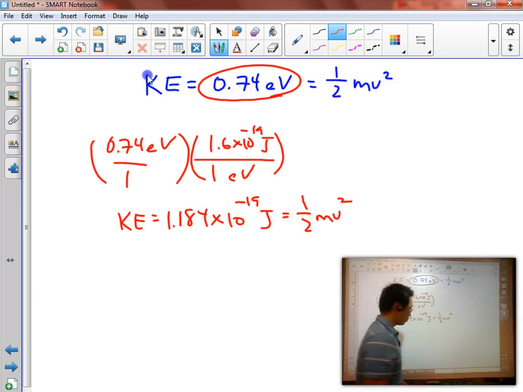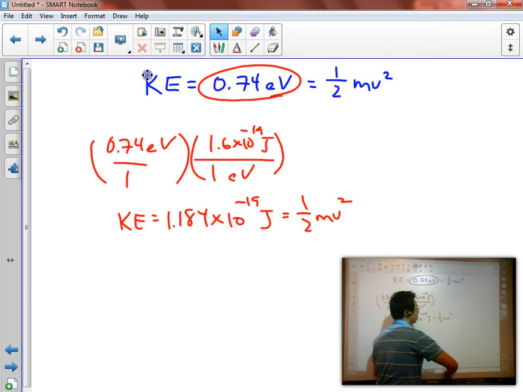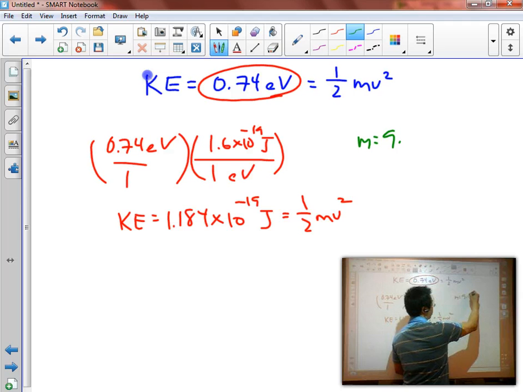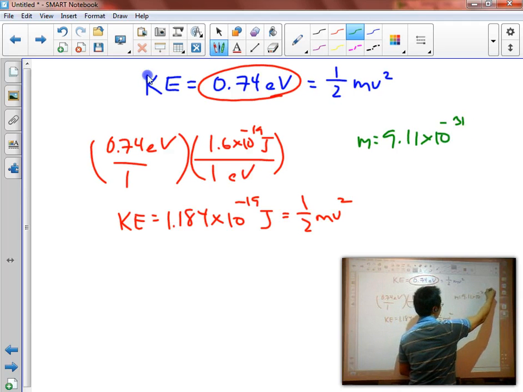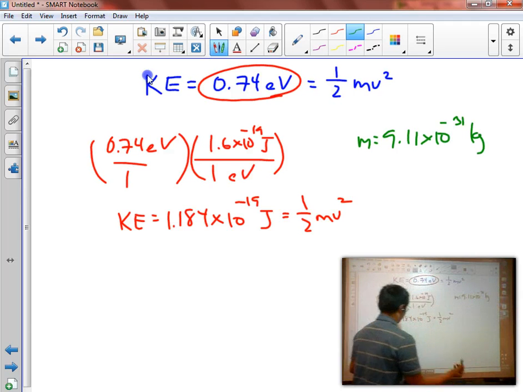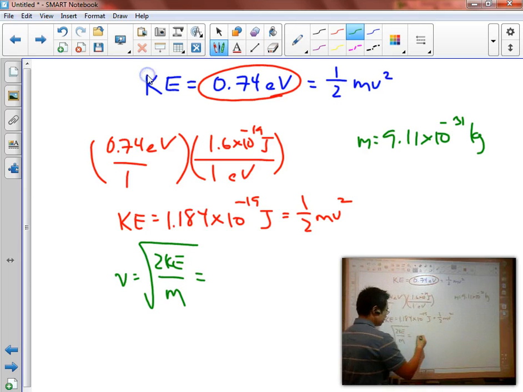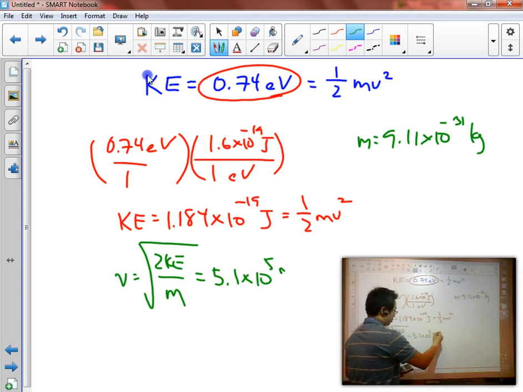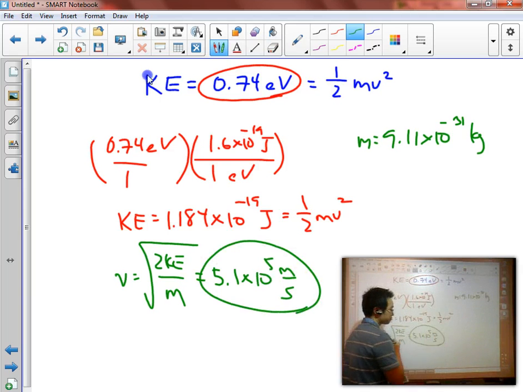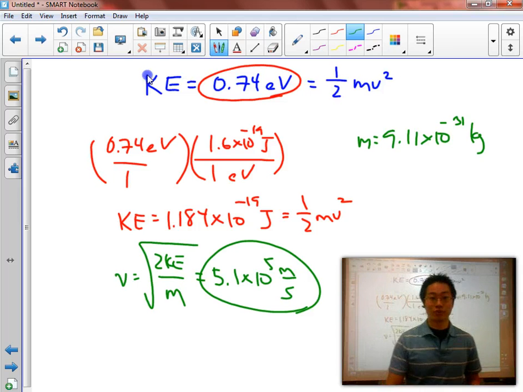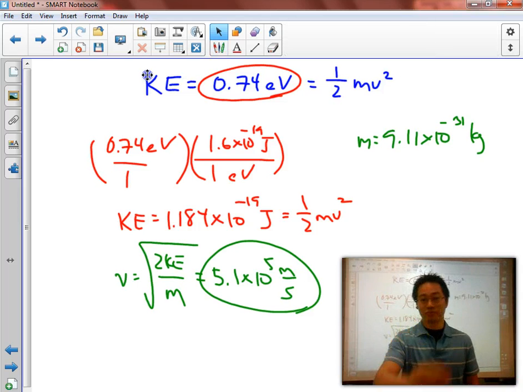We know the mass, of course, of an electron to be 9.11 times 10 to the negative 31 kilograms. So then the velocity is equal to the square root of twice the kinetic energy over mass, which will equal 5.1 times 10 to the 5th meters per second. Okay, so now we can solve for the speed of the electron as well that's coming off.